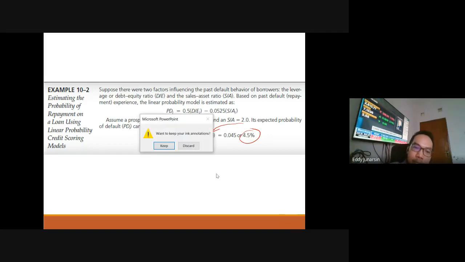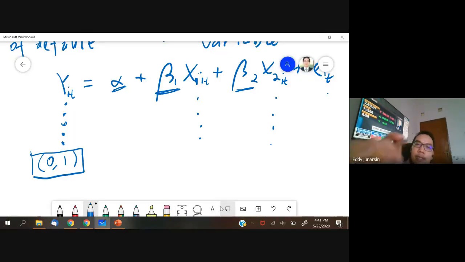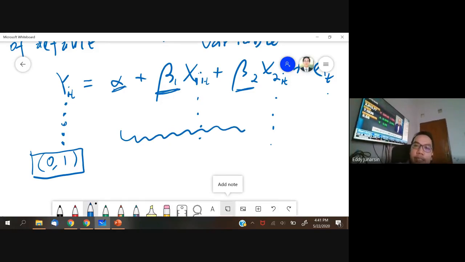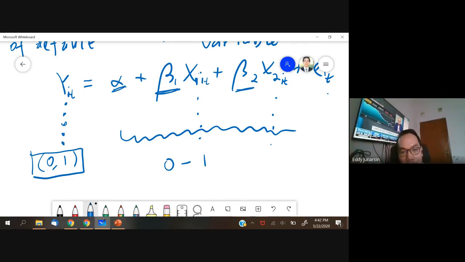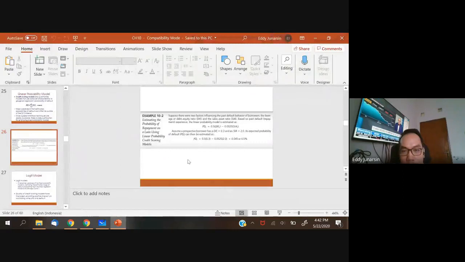But there's a possibility that it might not be that smooth, because the accumulation of this might fall outside the range of 0 and 1. In our example here, this has no problem at all because the probability of default is 4.5%.